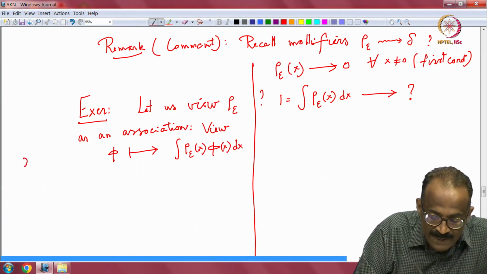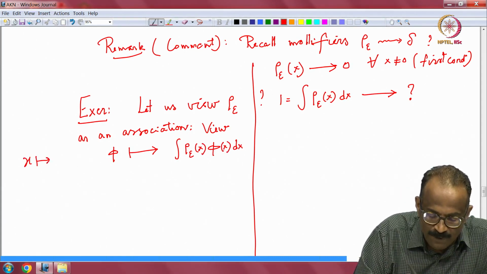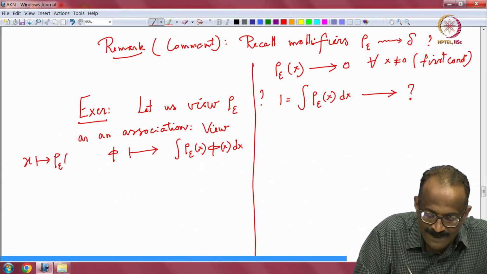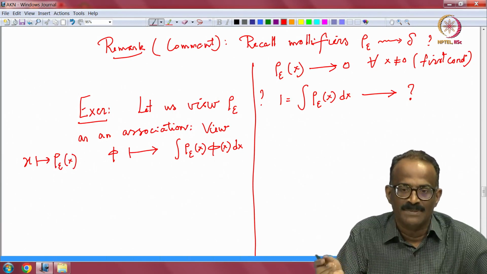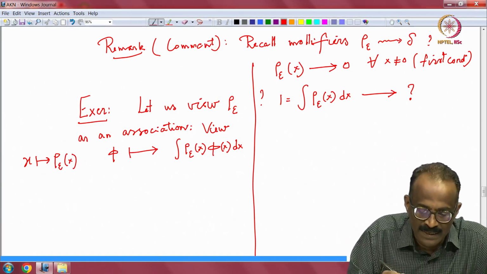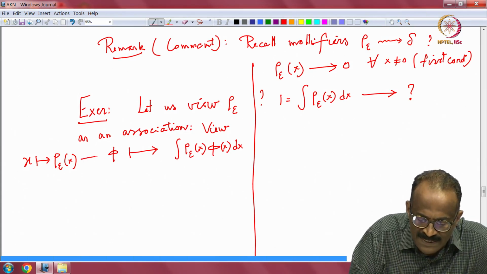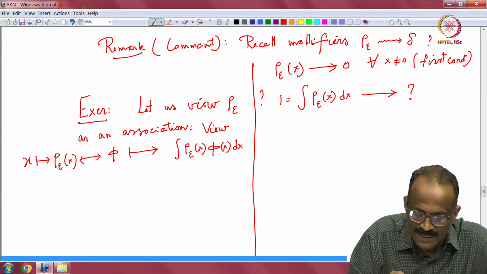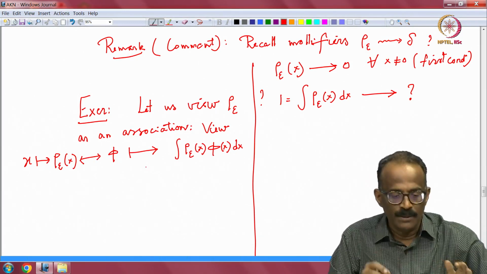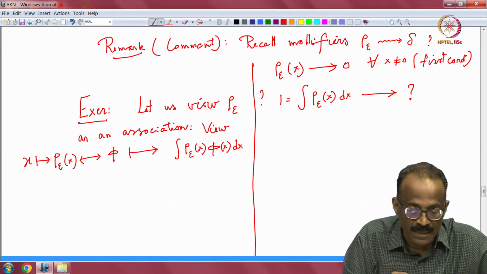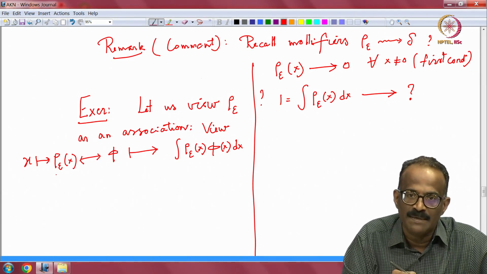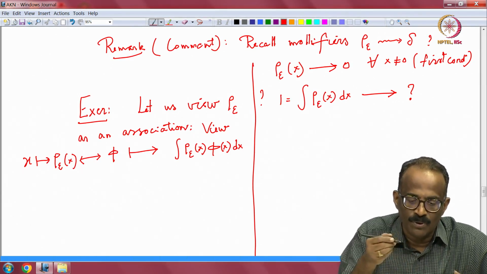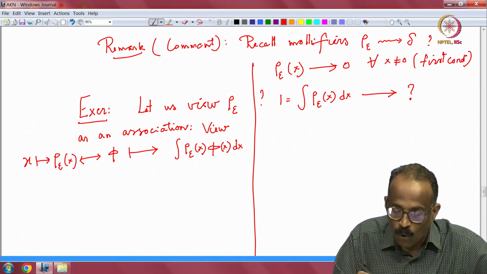So, here is an association x going to rho epsilon of x, and you have seen that if everything is smooth, this is the same. Yesterday in the previous class we had seen that this is somewhat equivalent. If you have that, you can view a function in terms of that, but we are not able to pass to the limit here. You get a pointwise limit on the left side, but you do not get any integral on this one.